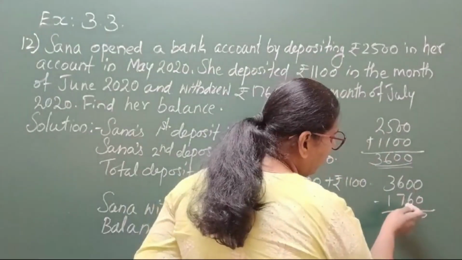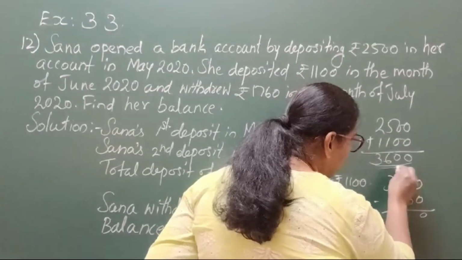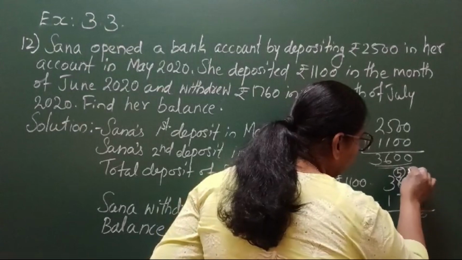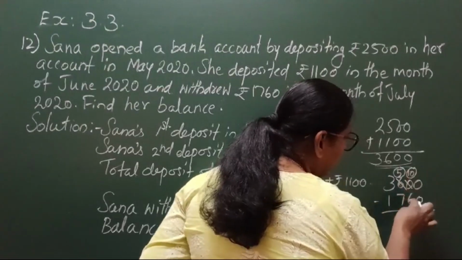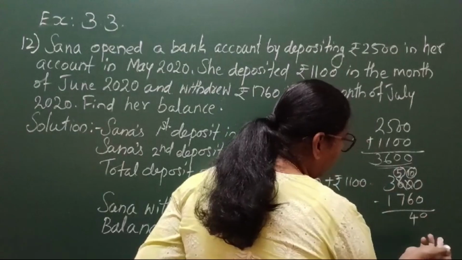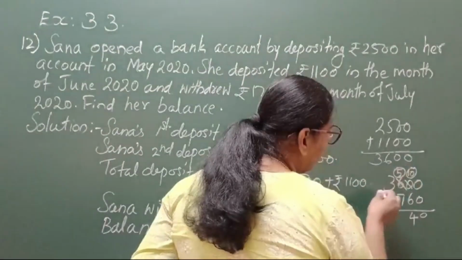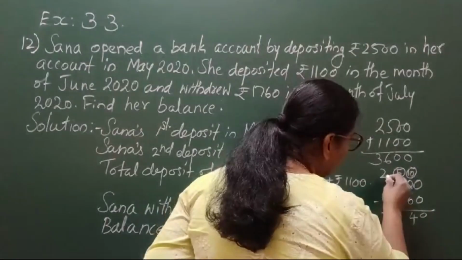From 0 we cannot subtract 6. So we have to borrow from this 6. 6 becomes 5. This 0 becomes 10. 10 minus 6 is equal to 4. 5 minus 7 we cannot do. So what we have to do is borrow from 3. 3 becomes 2.